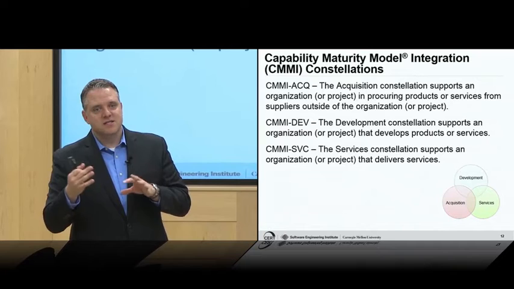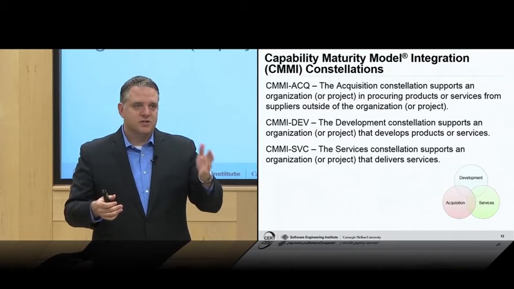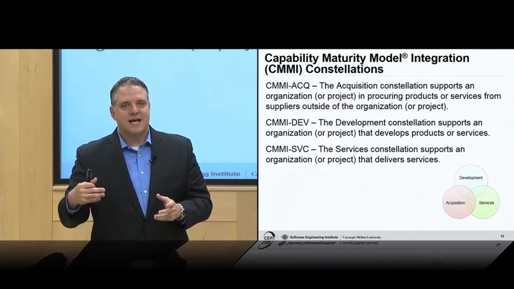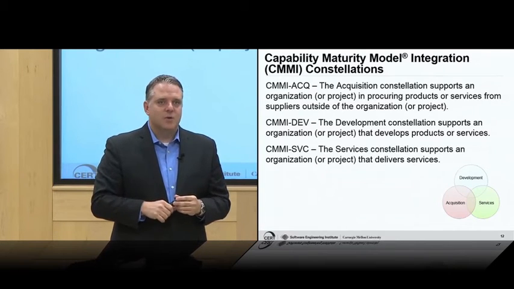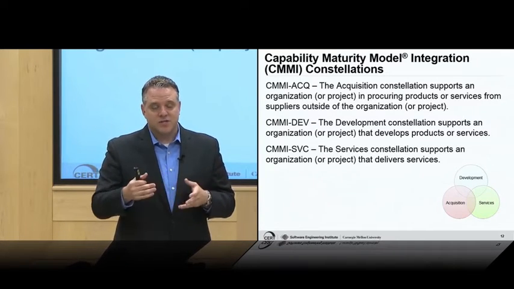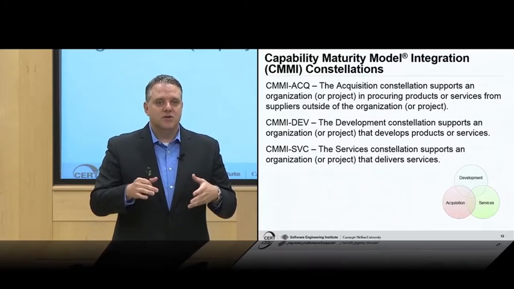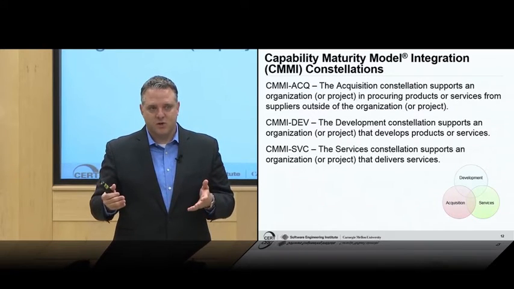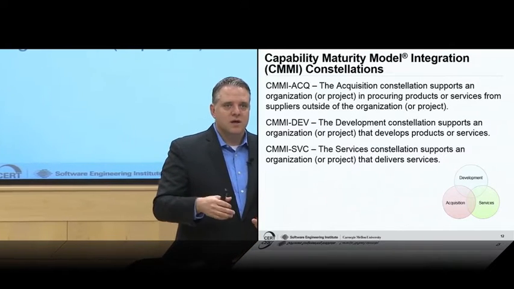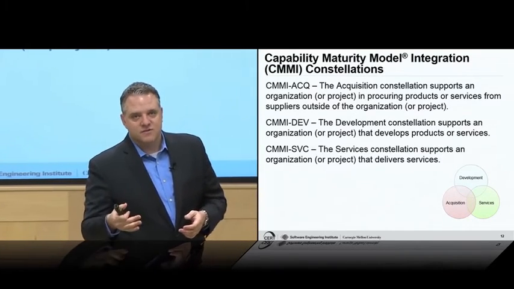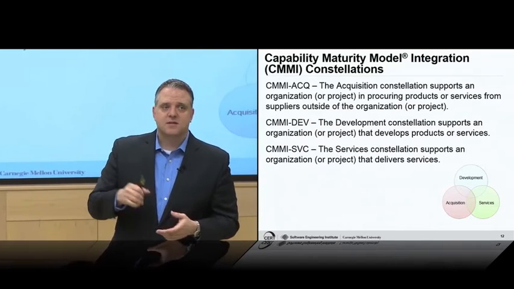Then each constellation itself, acquisition, development, and services, has their own set of process areas. But first, the acquisition constellation is about how do you procure stuff within an organization. Development constellation is about how do we develop new products or services and rate the maturity of those processes.